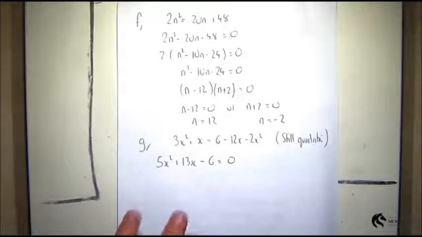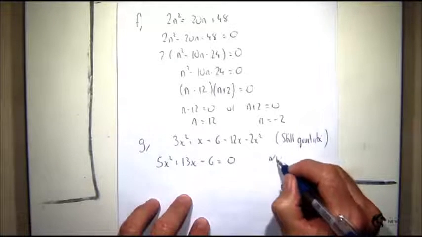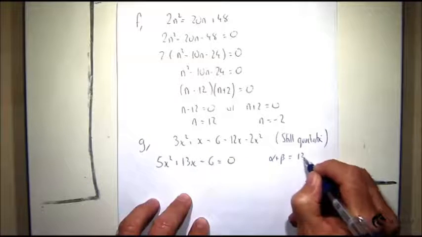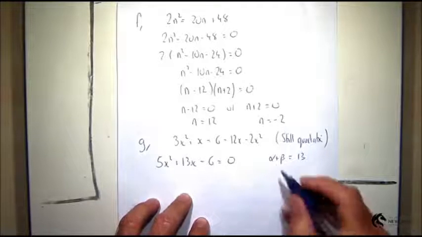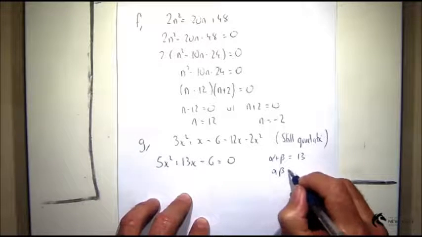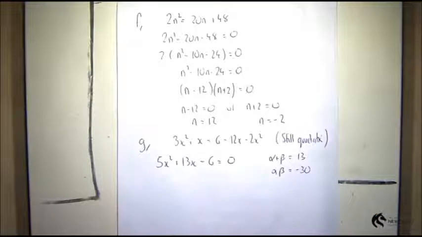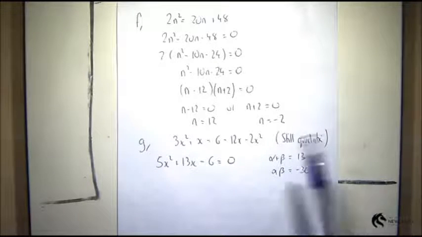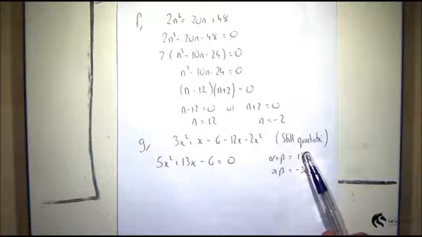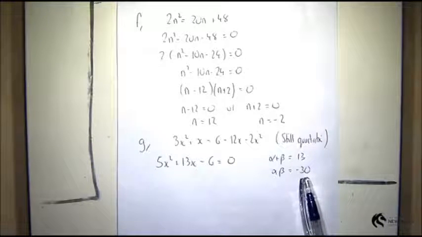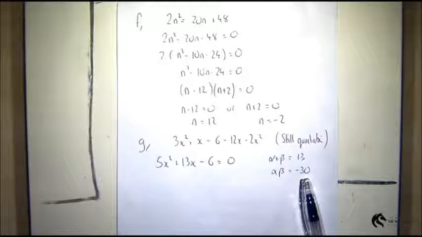So here we go. Alpha plus beta has to be 13, and alpha times beta has to be 5 times minus 6, so minus 30. So these are alpha and beta of opposite sign. The largest one's going to be positive, and I want factors of that, so I reckon 15 and minus 2 are going to work.